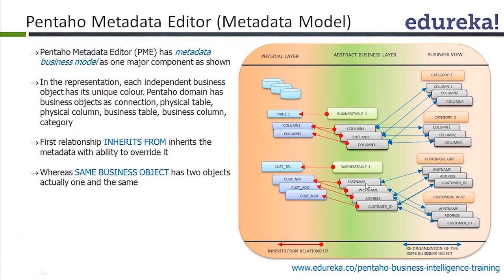Depending on that, it will be categorized as east or west, and then based on that it is classified whether that particular customer should be pushed into the east bucket or the west bucket, and the rest of the details remain the same. So this is one simple depiction of one use case of how the metadata model can be used.